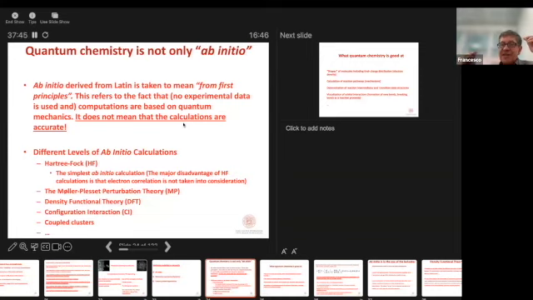But the electrons, to a certain extent, don't truly interact with one another. So the electron correlation is actually what is not taken into account.